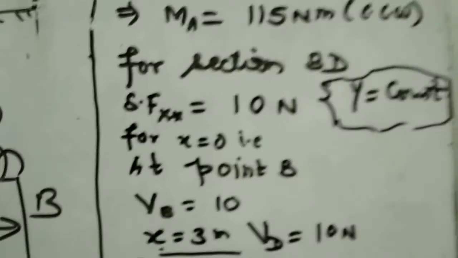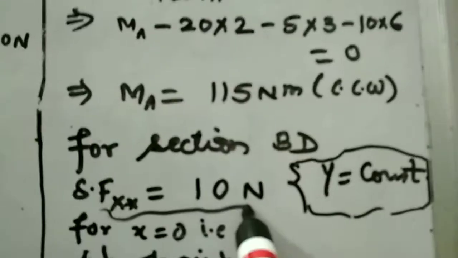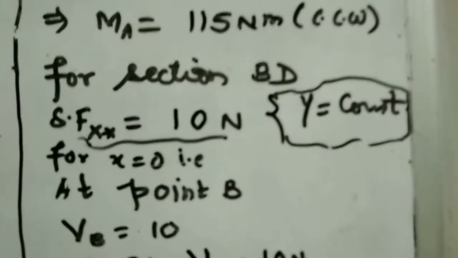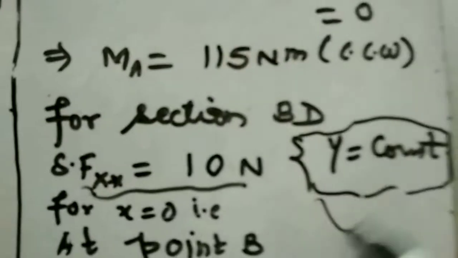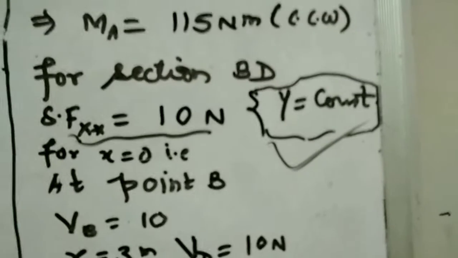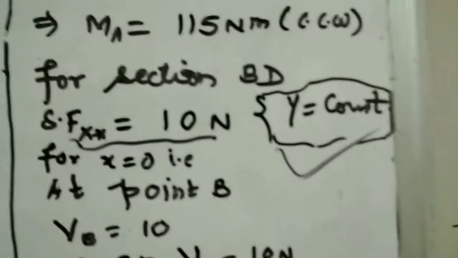The value of shear force at section XX is 10 Newton, which is independent of x, which represents a line y equal to constant, that is, a line having 0 slope.